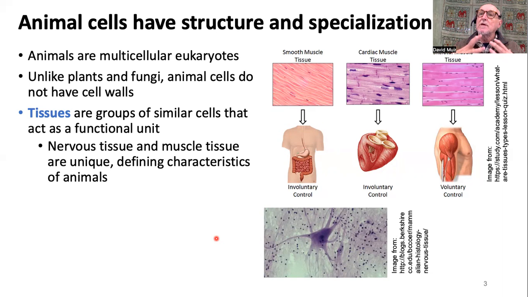So this is a huge advantage, and it enables animals to develop organs which are highly specialized for particular functions, and also to have very specialized tissues as well. So in the animals, there are two types of tissue in particular, which are defining characteristics for the animals, and these are nervous tissue and muscle tissue. And I'll mention to you that even in the most primitive of all, there are the precursors for these tissues.